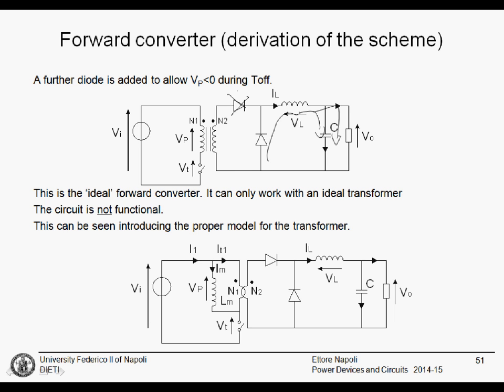In this case, we can have this voltage that is negative. Hence, we can get a negative voltage for the primary side also.